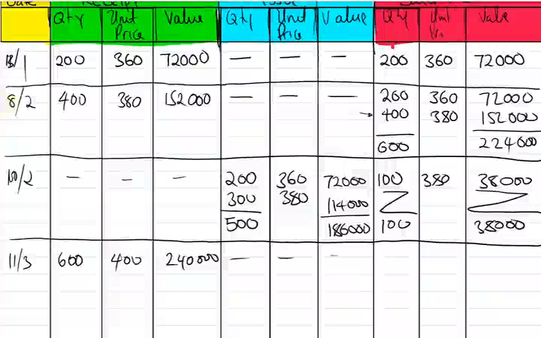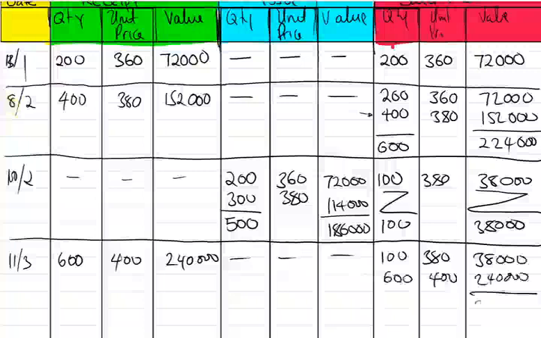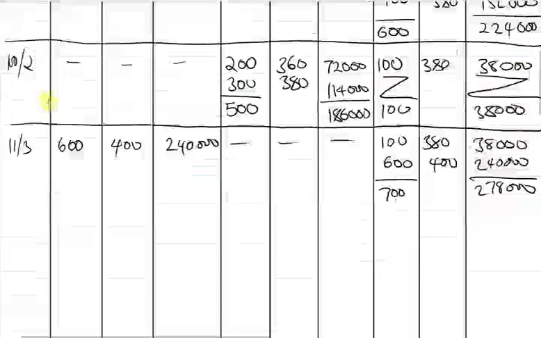There's no issue on that date. That means our balance will be the 100 that is there already at 380, which is 38,000, and the new consignment, which is 600 at 400, which is 240. The total balance will be 278,000, and the boxes will be 700. We can close for that date.